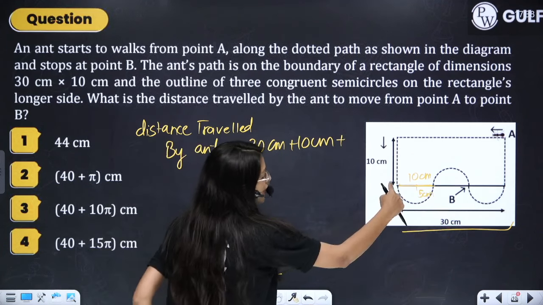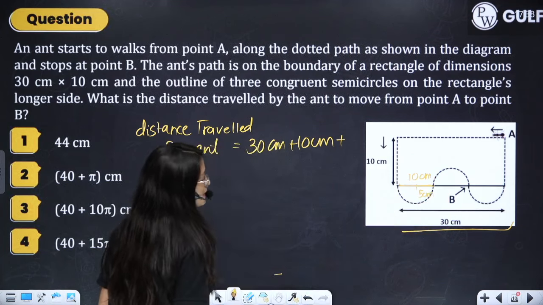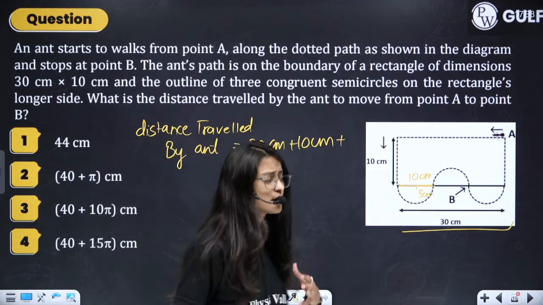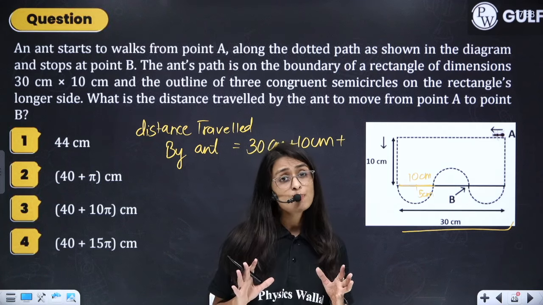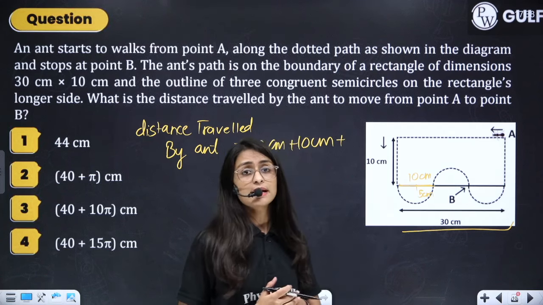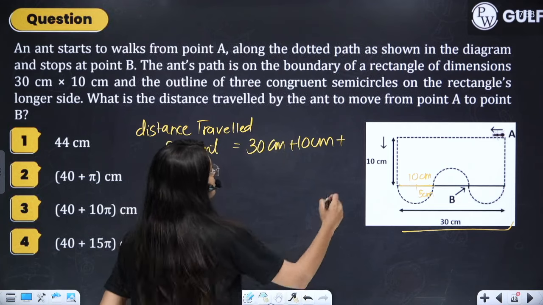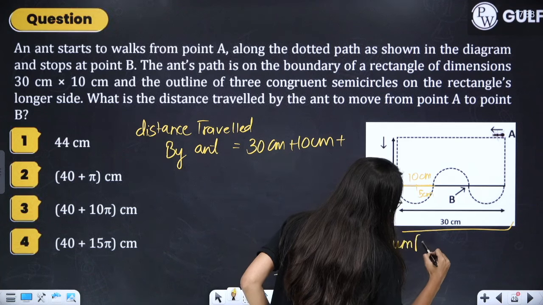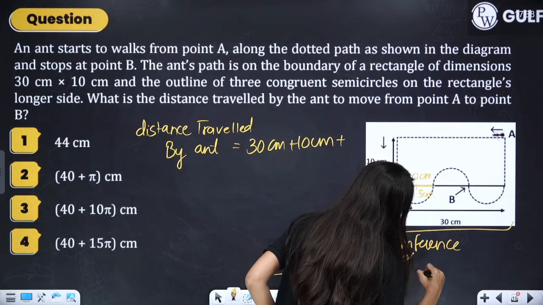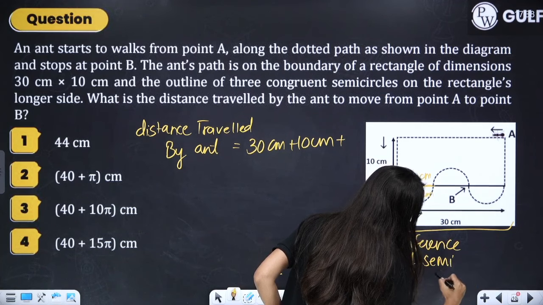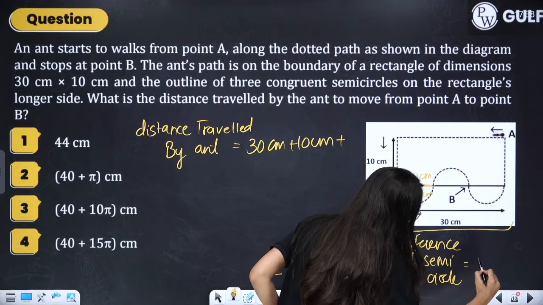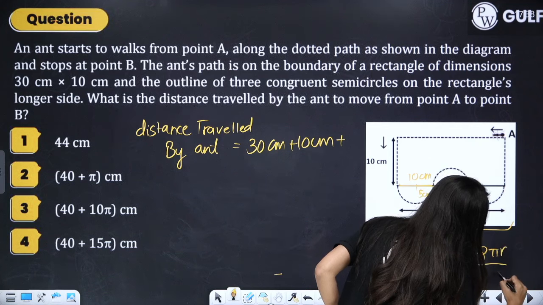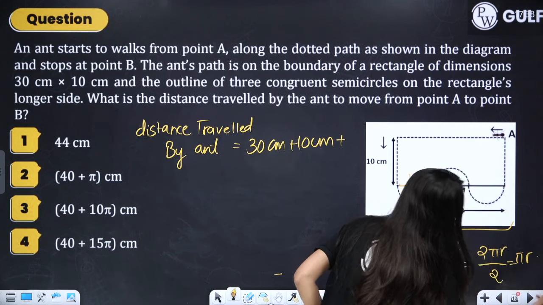So now I have to add these two small semicircles. If the circumference of the circle is 2 pi r, then for the semicircle it would be 2 pi r divided by 2. Circumference of a semicircle is 2 pi r divided by 2, which is pi r.